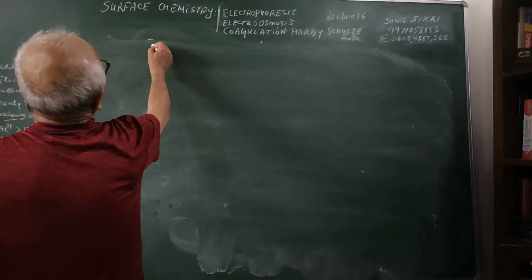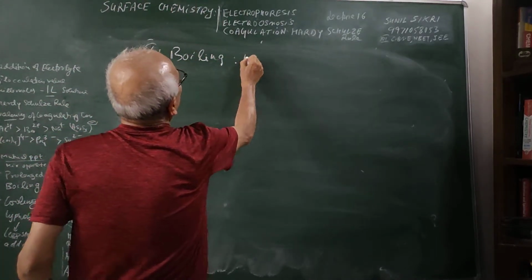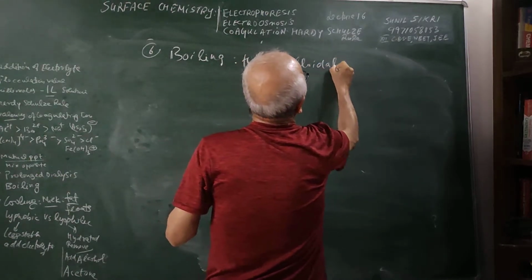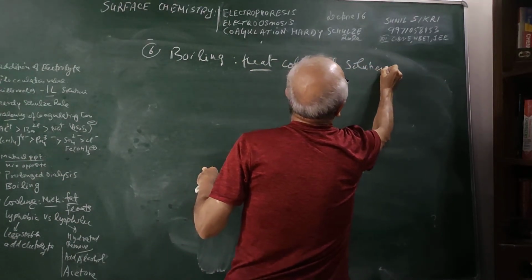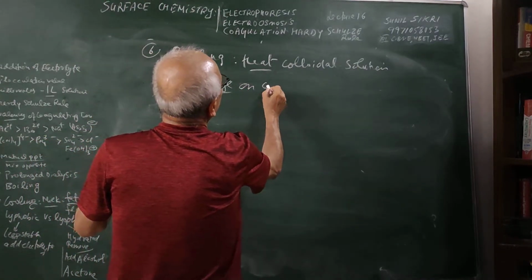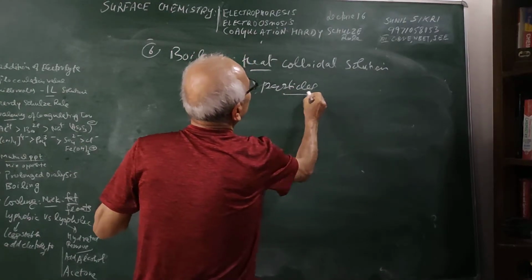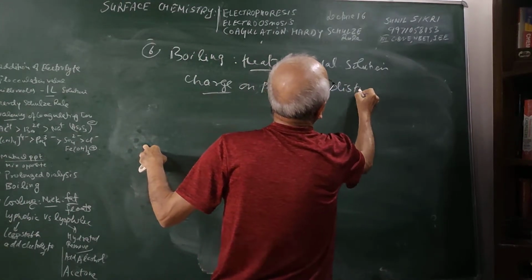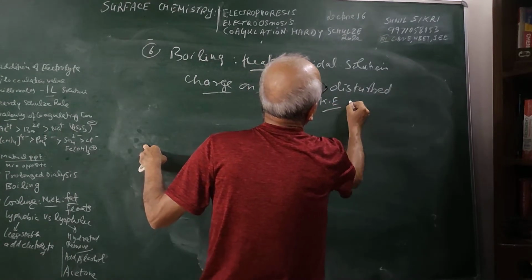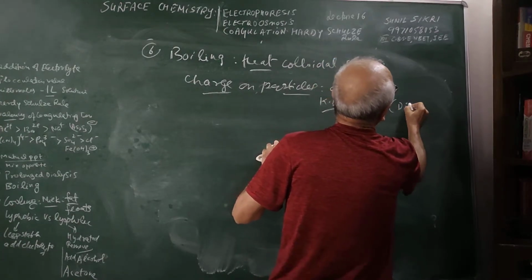Further, boiling. If you heat the colloidal solution, what will happen? The charge on the colloidal particles will get disturbed, and the kinetic energy of the solvent molecules, or the dispersion medium, increases.